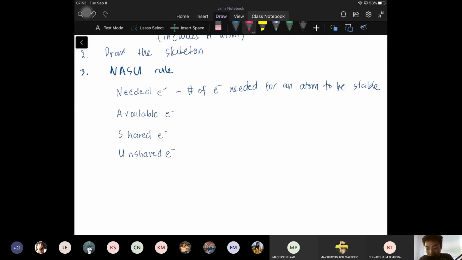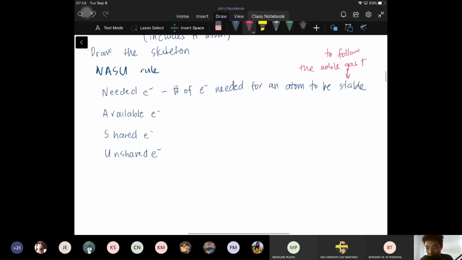Again, our connotation, when we say stable, to follow the noble gas electron configuration. Okay, so yun lang yung idea ng stable.